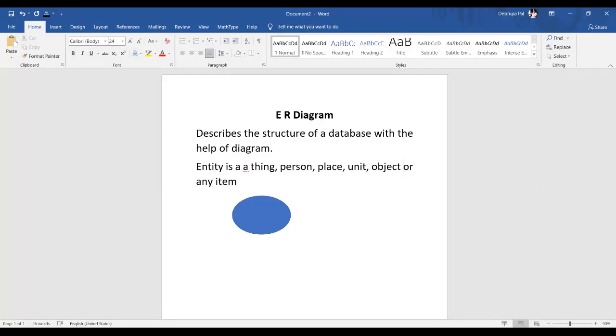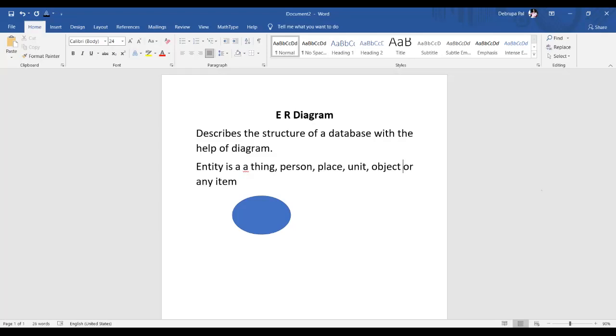and the student entity has certain attributes or features. What are those attributes? Student will have name, student will have roll number, student will have phone number, address, etc. So these are called the attributes of entity.